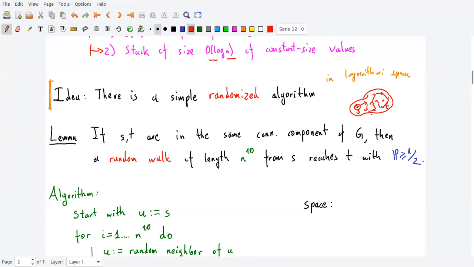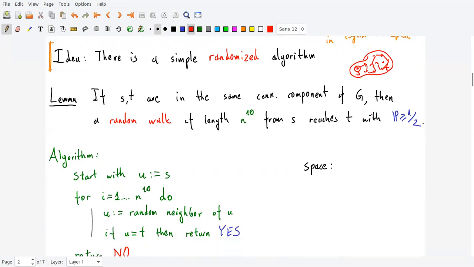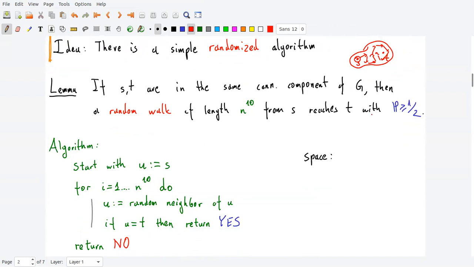So a long enough random walk eventually reaches all the vertices of the connected component. And this intuitively should be true. Therefore, this is a very easy algorithm that solves the problem in a randomized way. The algorithm starts at the vertex S, and for n to the 10 times randomly picks a neighbor of the current vertex and moves to it.